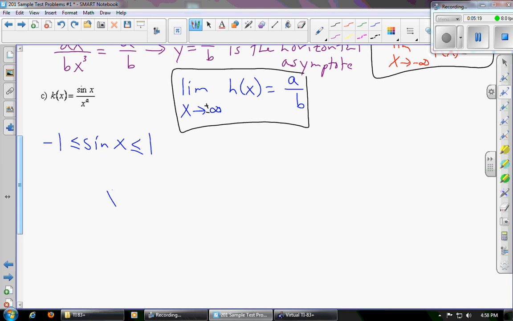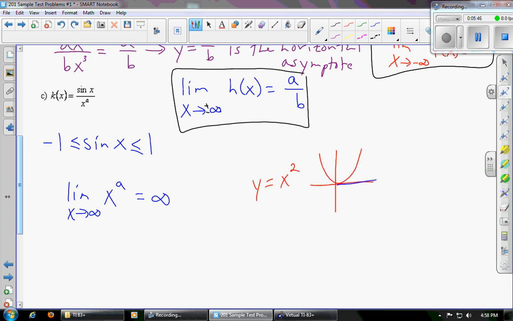The other thing that I want to think about is x to the a. What does this do as x gets really big? So if x is really big and a is some integer bigger than 1, then I think we could say this limit as x goes to infinity is infinity. I can think about y equals x squared.